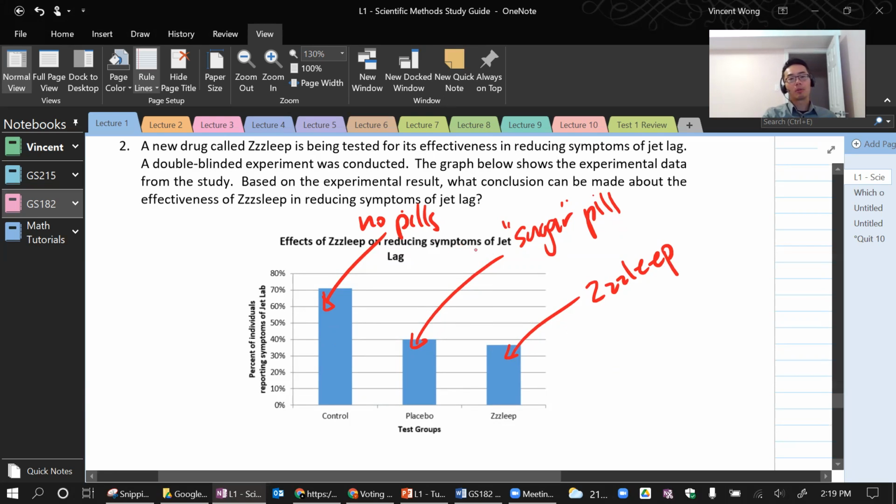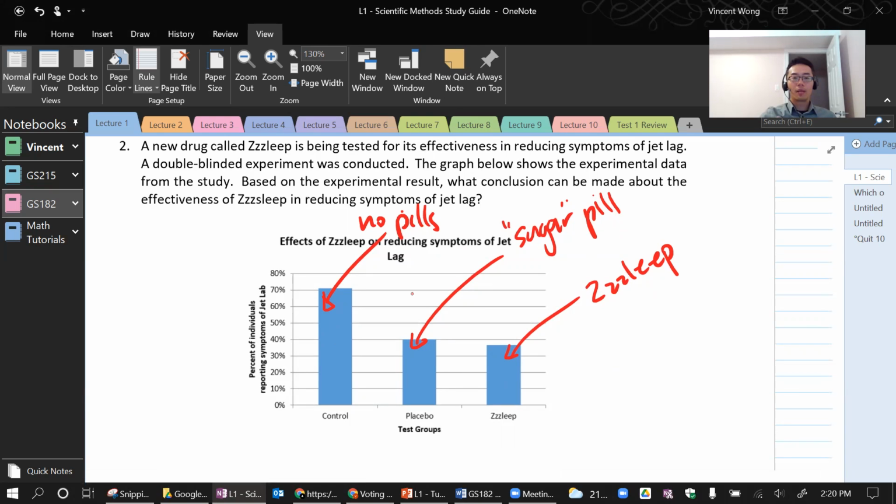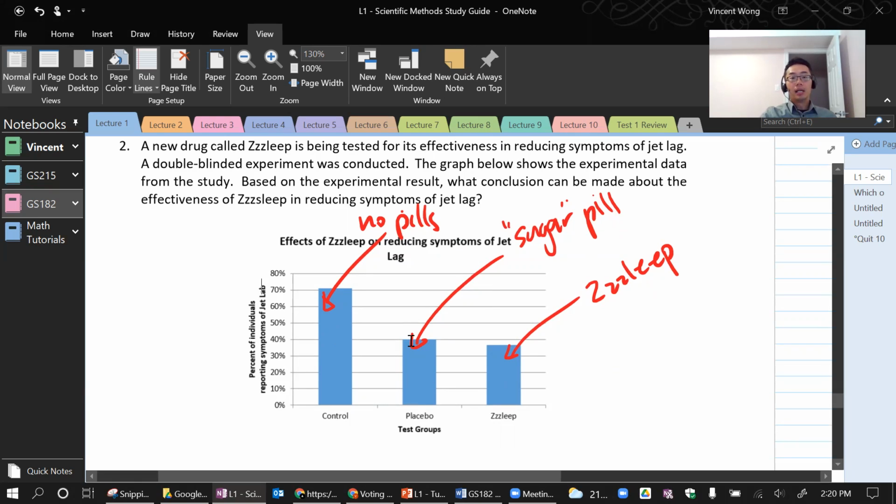But we have to look at the placebo as well. The placebo is, again, you give them a sugar pill and say, take this pill, it will help with the jet lag and you will feel better. So people take it, and you can see there is a reduction in jet lag symptoms, right? Only 40% of people reported it compared to 70% in the control.